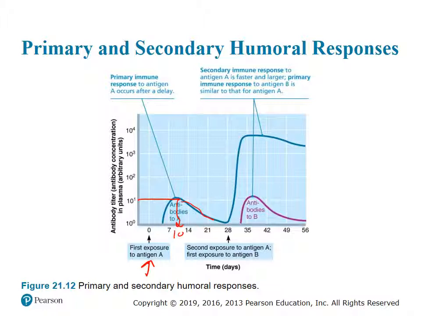But let's say we expose ourselves again, here to antigen A, our second exposure. What's going to happen here? Can everybody see the antibody level, I'm sorry, the antibody production, how big of a difference it is between right here and right here, right? Huge, huge difference.